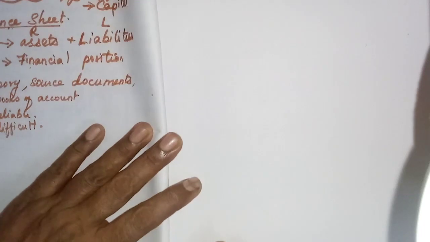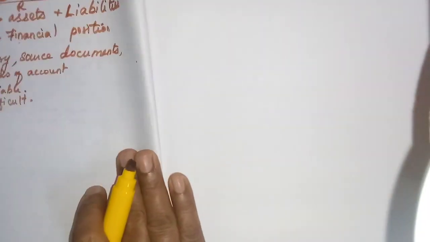You see, only 1.5 pages can be shown. Or I can show, but the edge will not be seen. So let me use both the pages.